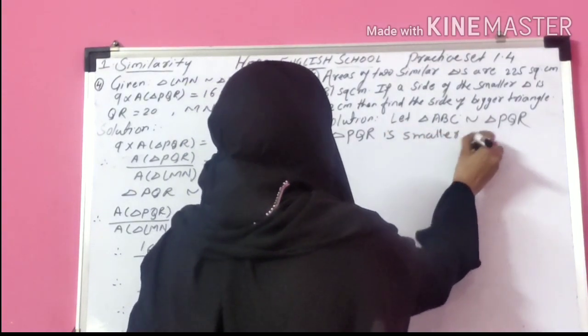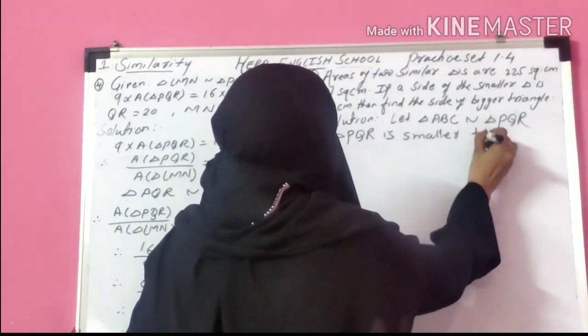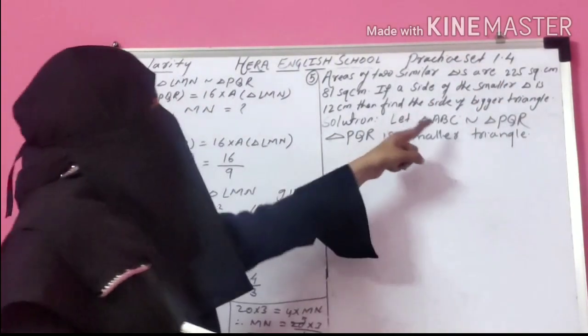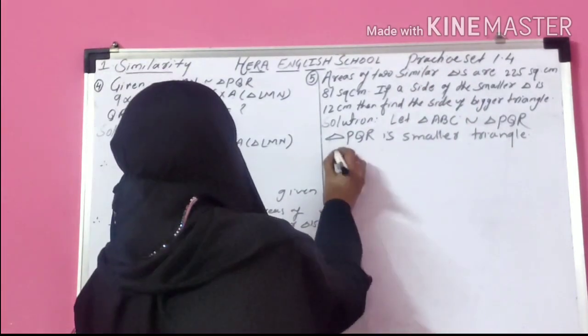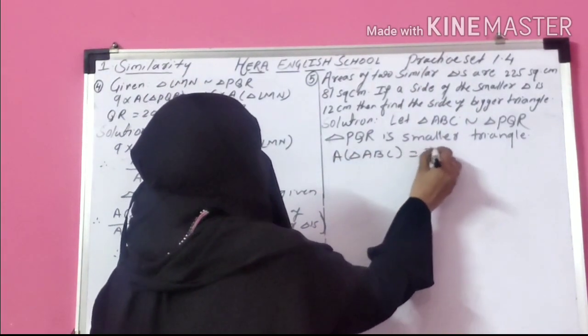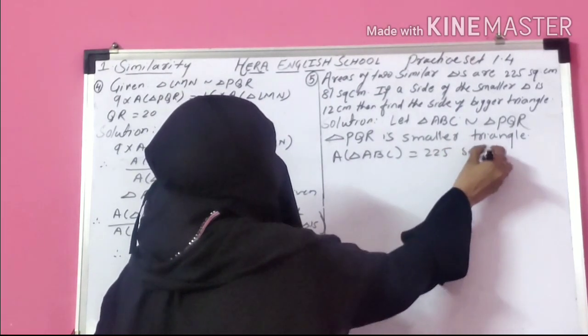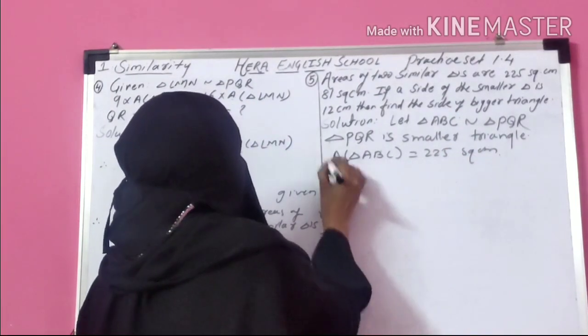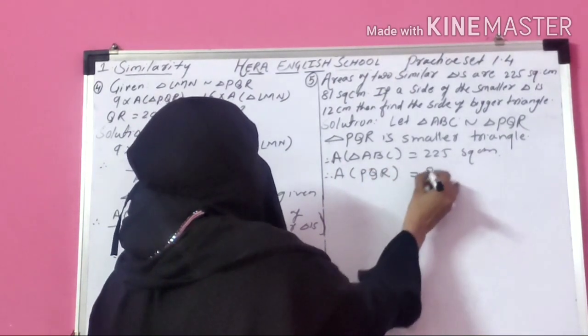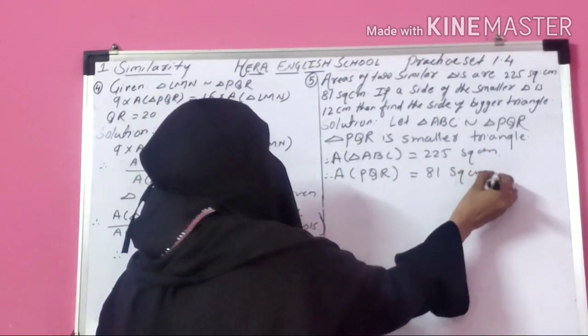Now they have given the area of the first triangle is 225, so area of triangle ABC is 225 square centimeter. And the area of the second triangle, here the second triangle is PQR, so PQR is 81 square centimeter.